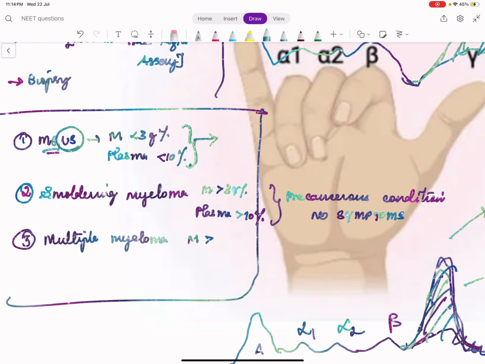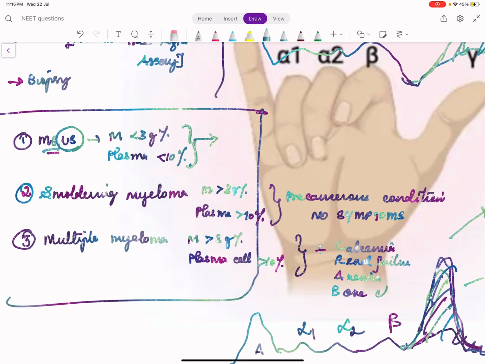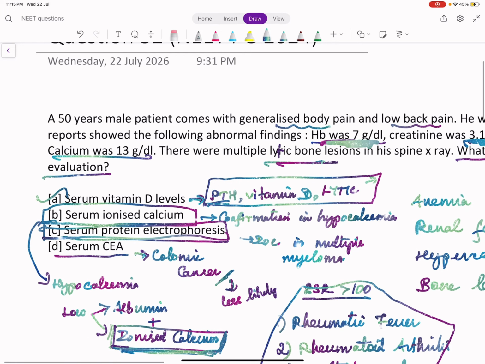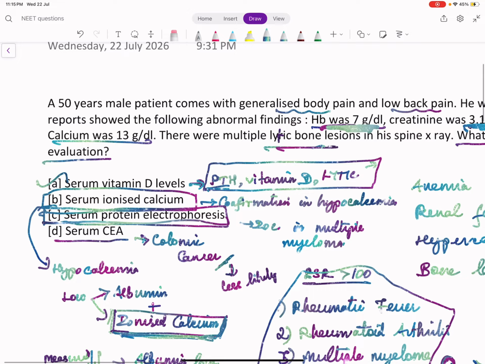Multiple myeloma has the same criteria: M protein more than 3 gram %, plasma cells more than 10%, plus at least one of the CRAB features. CRAB is hypercalcemia, renal failure, anemia, and bone changes. Okay, so we took some time here to discuss multiple myeloma, its pathogenesis, its types, and serum electrophoresis interpretation.